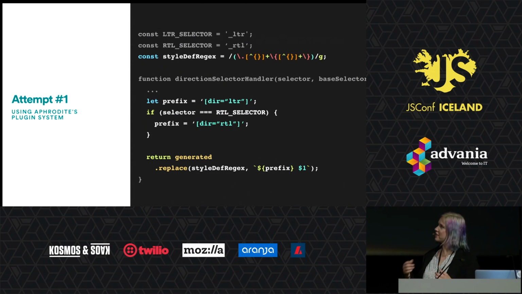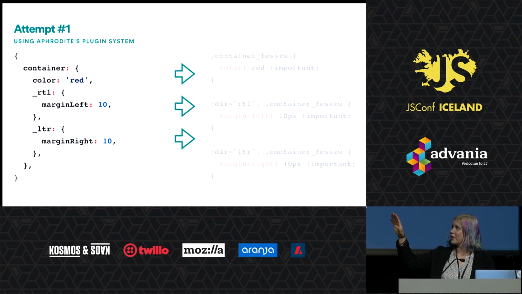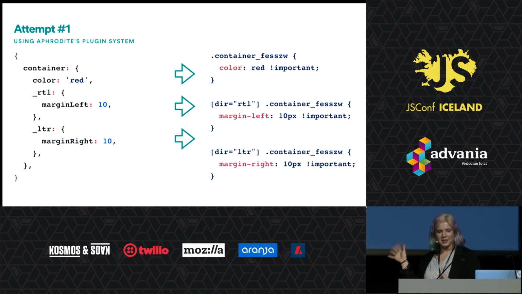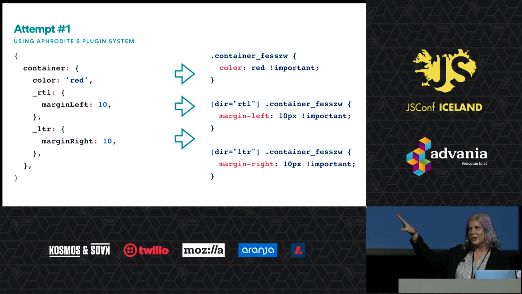And then we'd prefix each and every one of them with an LTR descendant selector or an RTL, depending on which object we were looking at. The effect of this is, if this was passed into our style sheet creation method, it would transform into this output CSS. And so this isn't quite enough to satisfy all of our requirements.